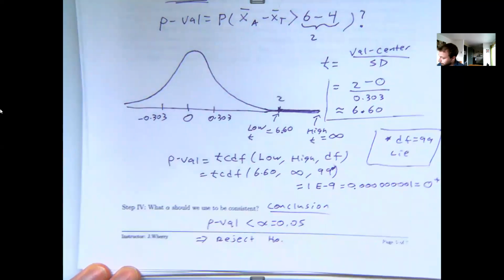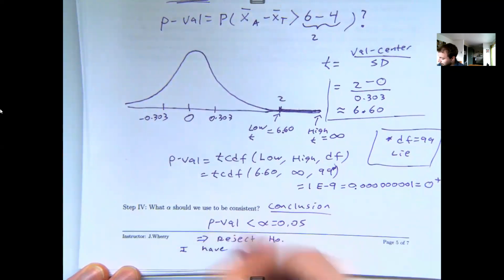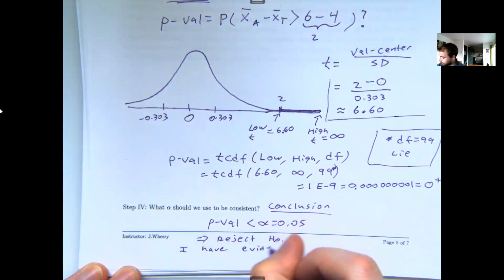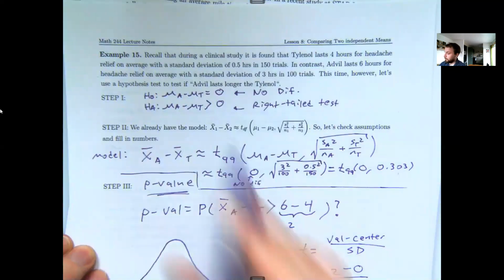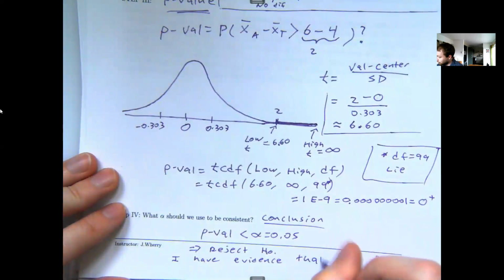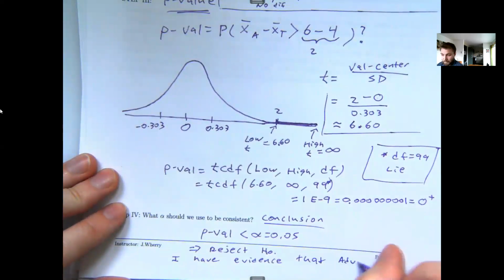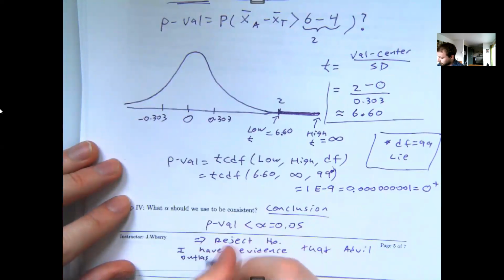If I reject the null hypothesis, I have evidence of the alternative. In this case, going back up to the top, the alternative is Advil lasting longer than Tylenol. So I have evidence that Advil outlasts Tylenol.